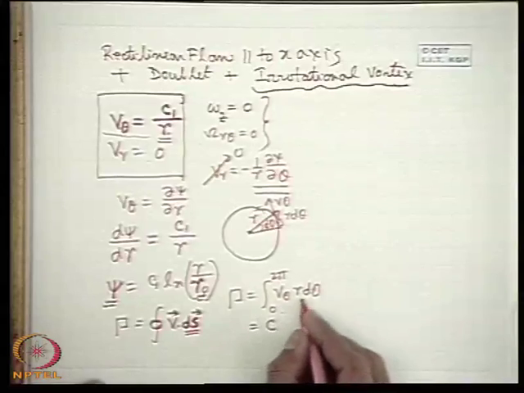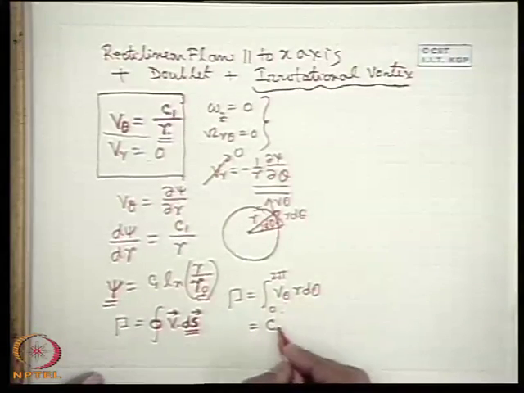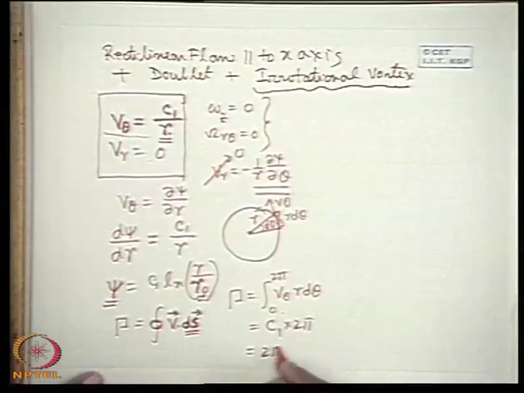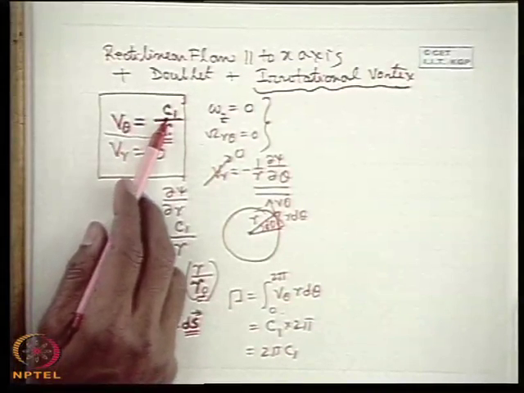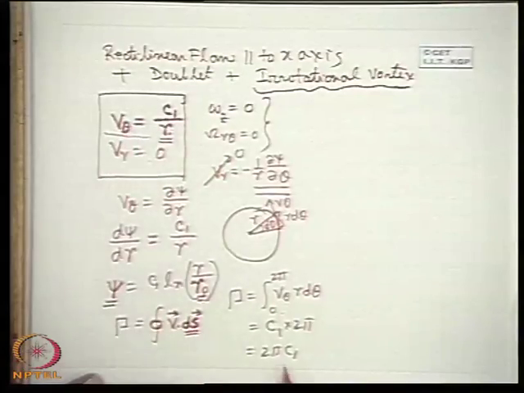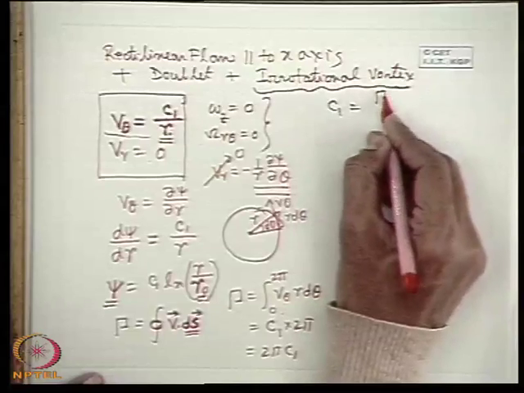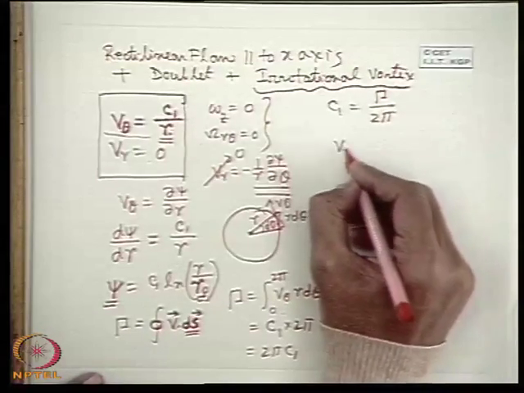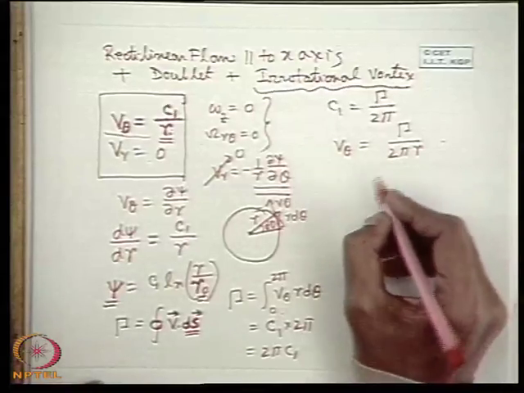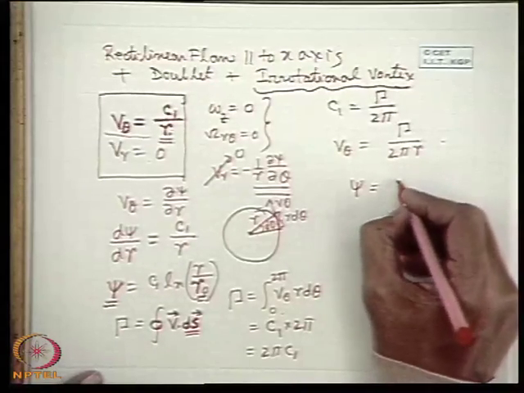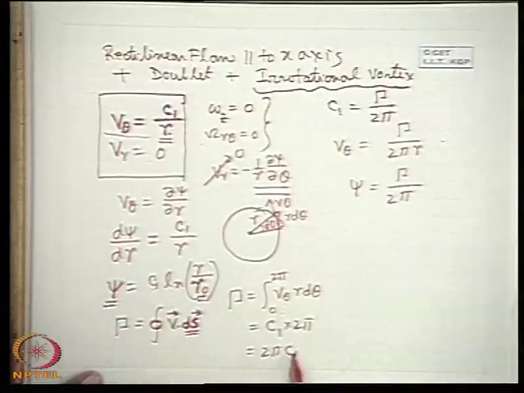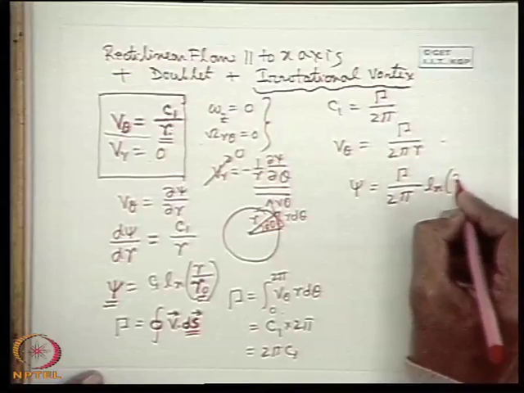So c1 by r cancels, so it is c1, and the integral of d theta is 2 pi. So therefore 2 pi c1. Therefore this constant in the velocity function defining the tangential velocity in a vortex flow is nothing but gamma by 2 pi. So the V theta is usually written in terms of the circulation like this, and psi also can be written as gamma by 2 pi, because c1 is gamma by 2 pi, ln r by r0.